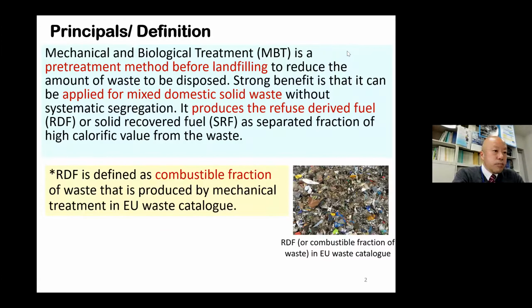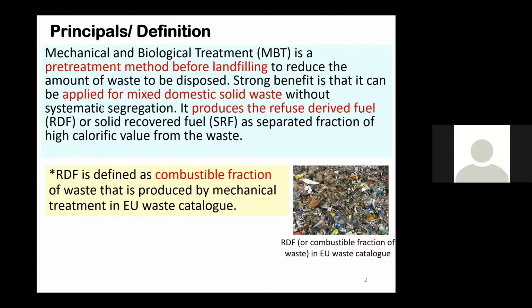The principle and the definition of the MBT. MBT is a pre-treatment method before landfilling that was developed in European countries, and it aims to reduce the amount of waste, especially organic waste, to be disposed of.